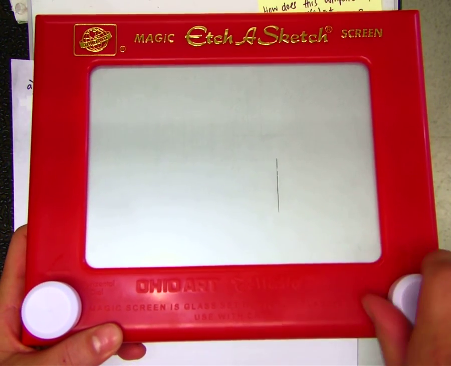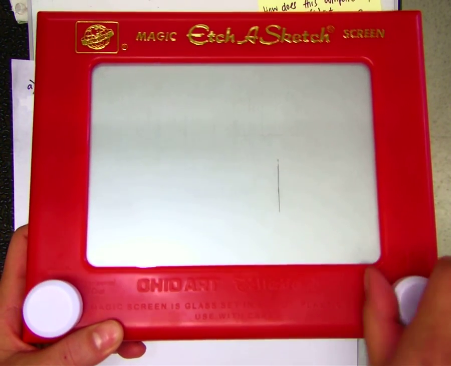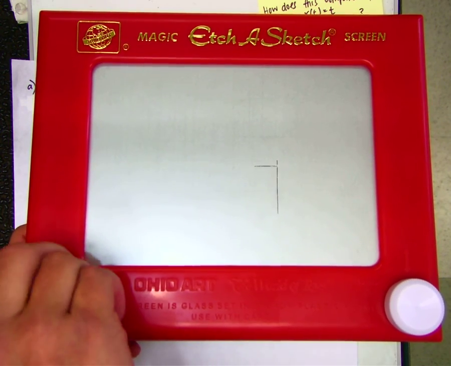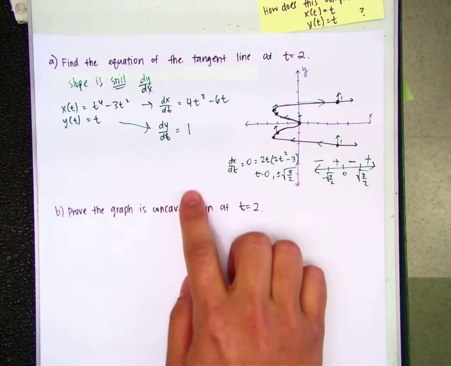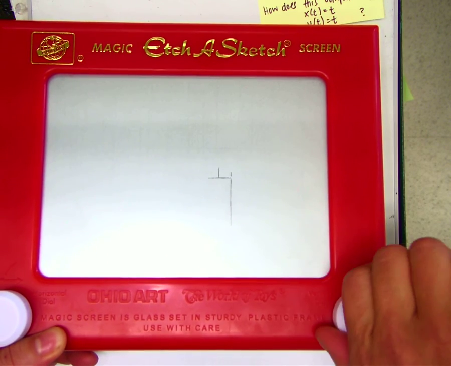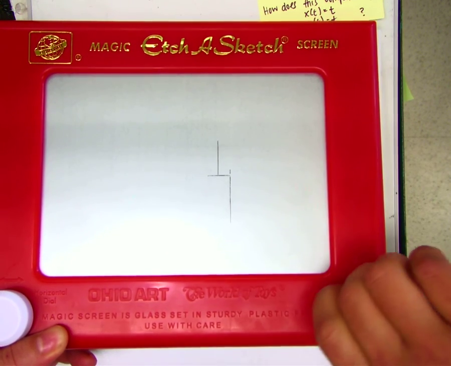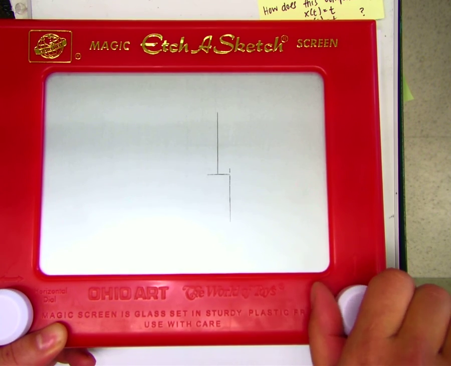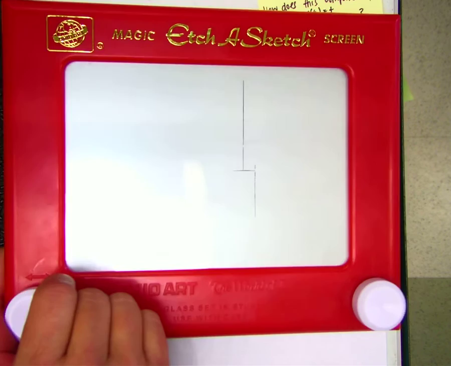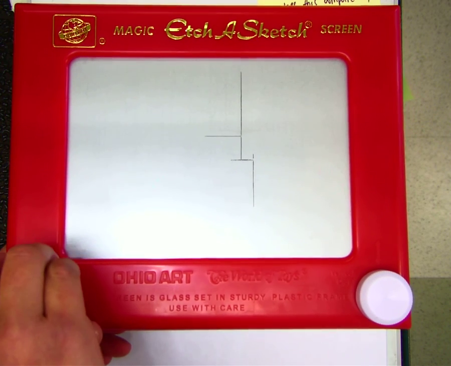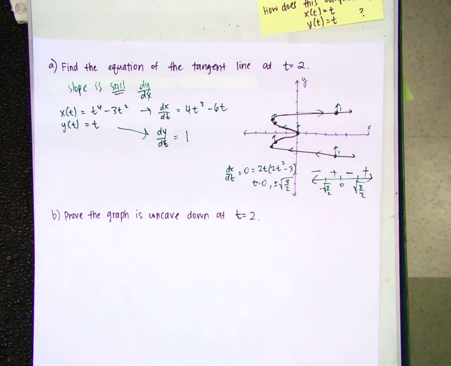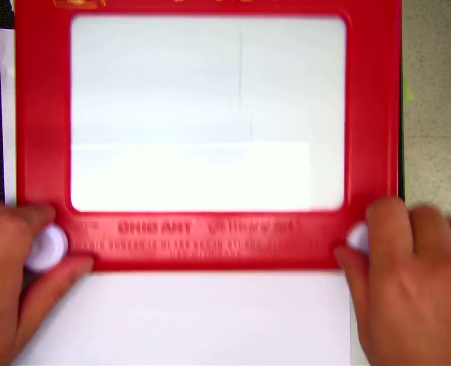This is my y of t, so that moves up and down. This is my x of t, so that moves side to side. This means y is constantly pushing up at the same value of 1, while this one is changing from negative to positive to negative to positive. So let's take a look if I can do this.